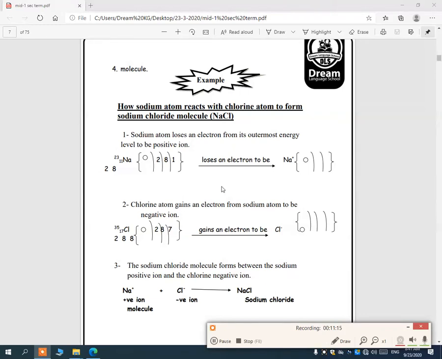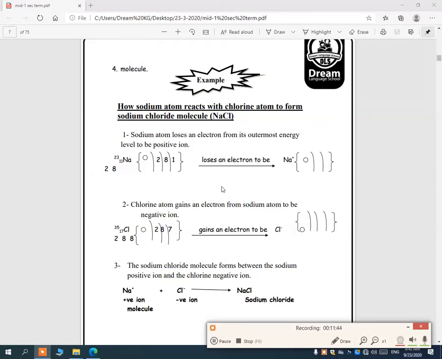We have here examples of the ionic bond and their compounds. The first one: how a sodium atom reacts with chlorine. You have to know that sodium is a metal and chlorine is a non-metal. So they react together by ionic bond. First, the sodium atom loses an electron from its outermost energy level to be a positive ion. And the chlorine atom will gain the electron which is lost by sodium to be a negative ion.